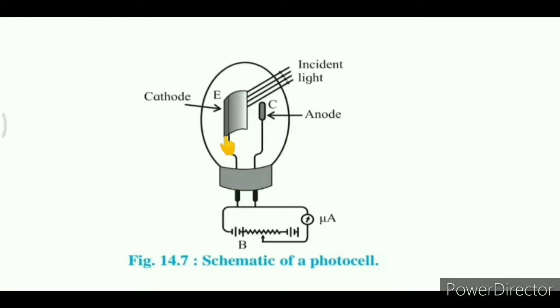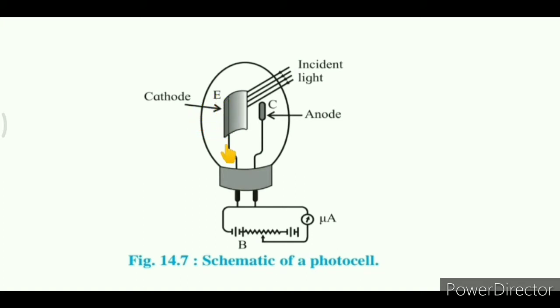So, we can say that a photocell consists of an evacuated glass tube containing two electrodes, emitter E and collector C. The emitter is shaped in the form of a semi-hollow cylinder.